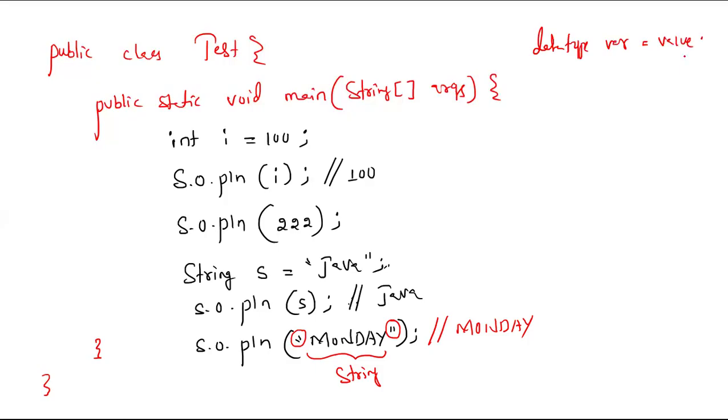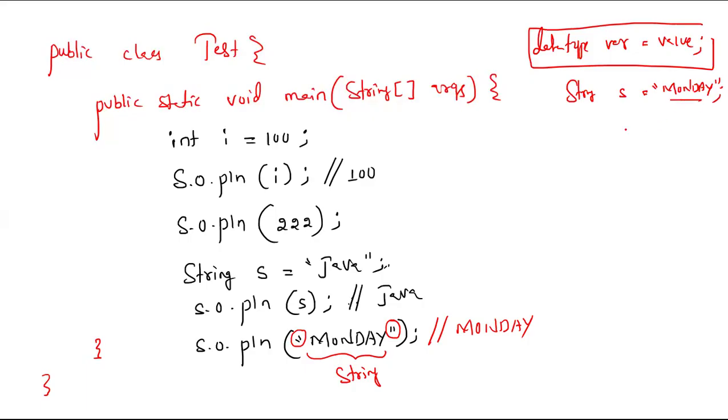Based on this syntax, where we are using double quotes, for example, String yes equals, in double quotes, Monday. Now this Monday is a variable or a value? Monday is a string value. That's why here it is a string value. Correct or not? Because it's a string value, can we use a value directly inside a print function?